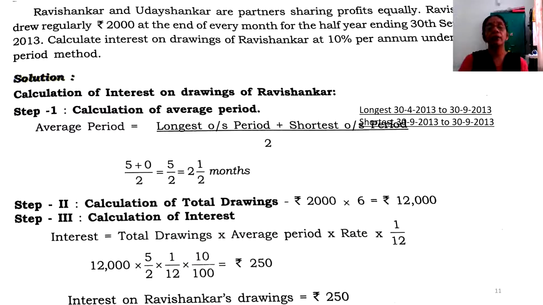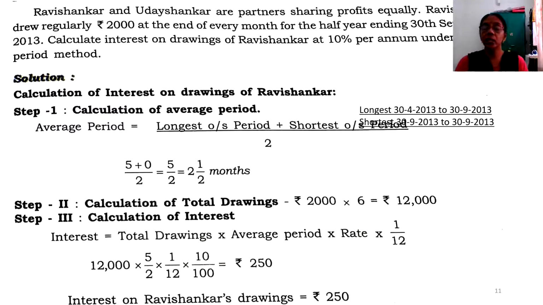Average period is given by the longest period outstanding plus shortest period outstanding by 2. It is an average of longest period outstanding and the shortest period outstanding. What this longest and shortest period actually means to us is how early the partner has withdrawn the money, how late he has withdrawn the money.